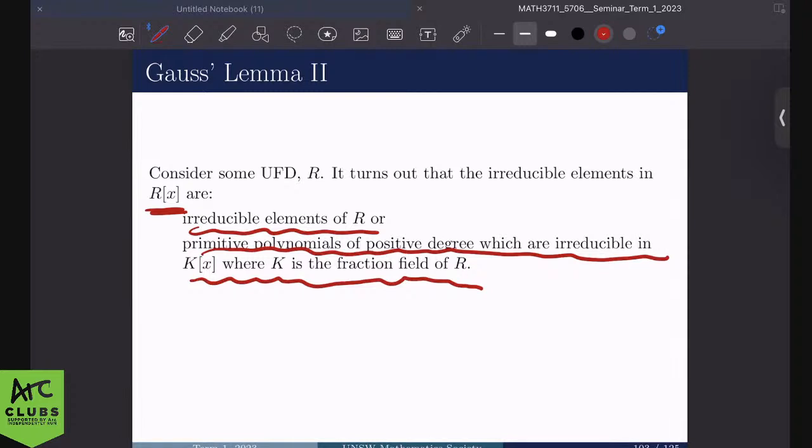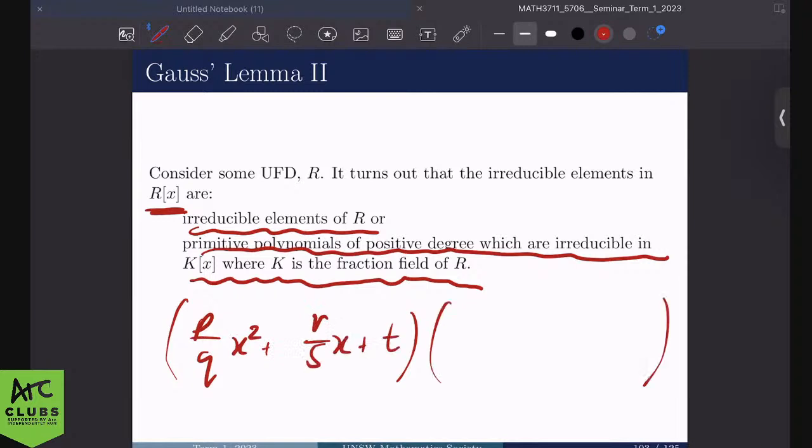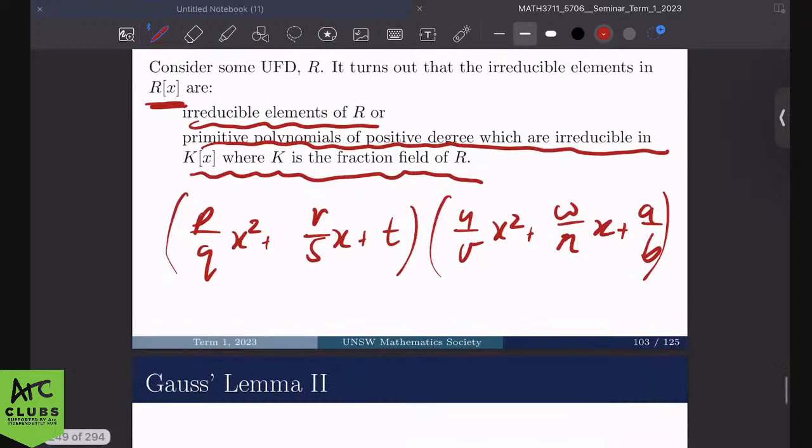It means you can't make a polynomial out of fractions and then somehow produce a polynomial that's not a fraction, is what it's saying.